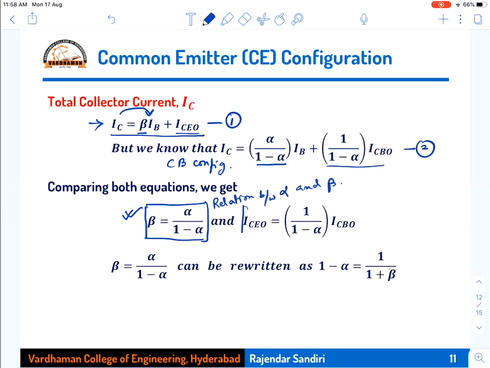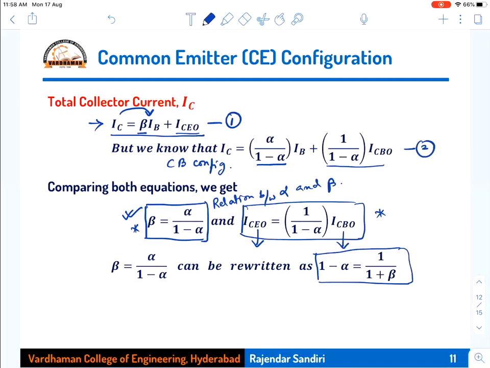This equation gives you the relationship between the reverse saturation current in common base configuration and the reverse saturation current in common emitter configuration. These two are related by 1 by 1 minus alpha: ICEO is equal to 1 by 1 minus alpha times ICBO. This is also a very important relationship. It can also be rewritten as 1 by 1 minus alpha is equal to 1 plus beta.